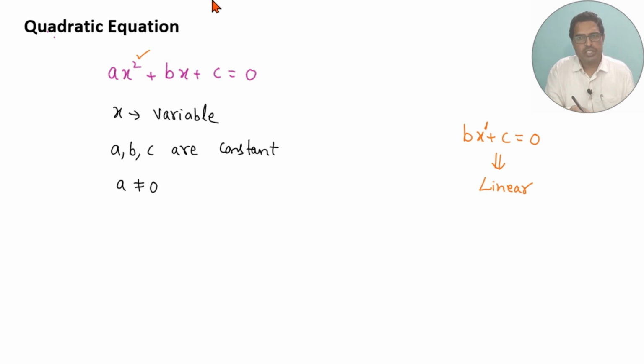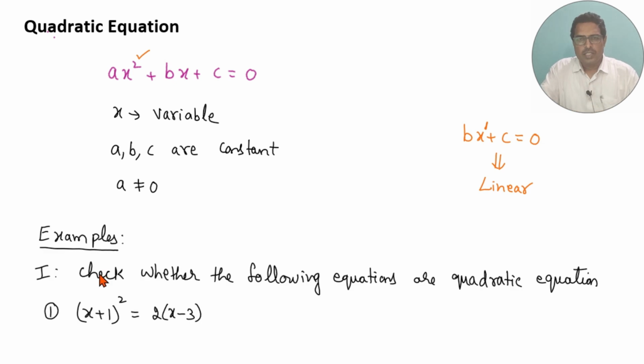So let us take a few examples and identify whether the given equation is a quadratic equation or not, and we'll try to express the given equation as a quadratic equation. Let us take the first example. Check whether the following equations are quadratic equations. The first question is x plus 1 whole square is equal to 2 times of x minus 3.